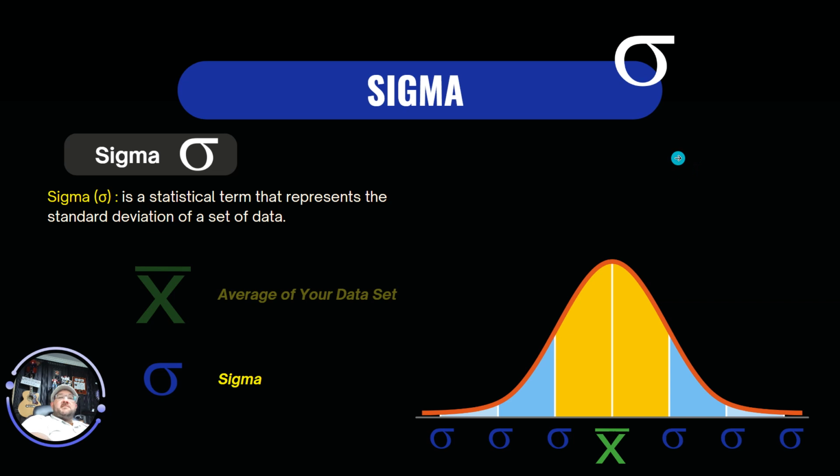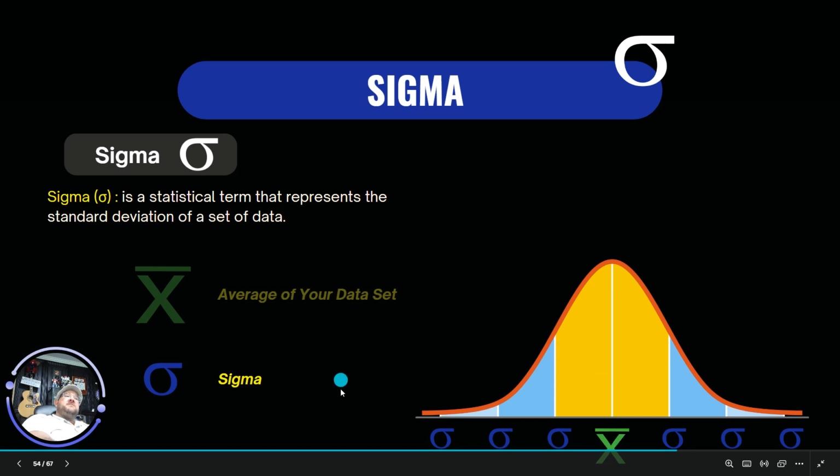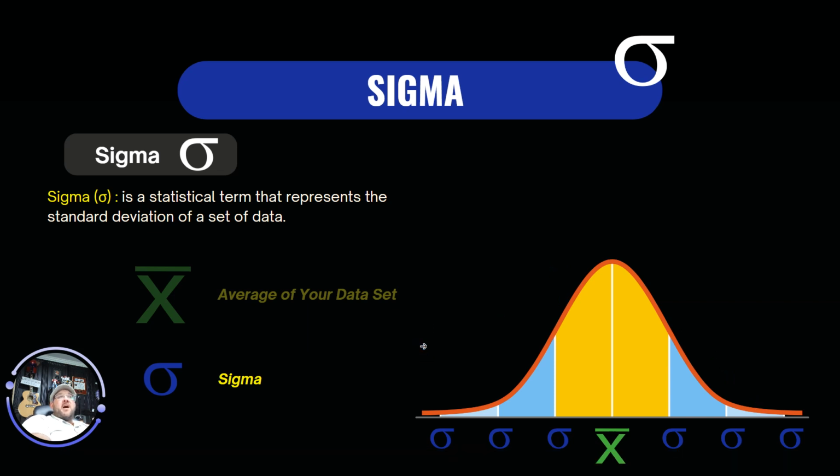Sigma is a statistical term that represents the standard deviation of a set of data. So we have our average, X bar, and then our sigma values represent the difference or space between, or the variation in, our process.